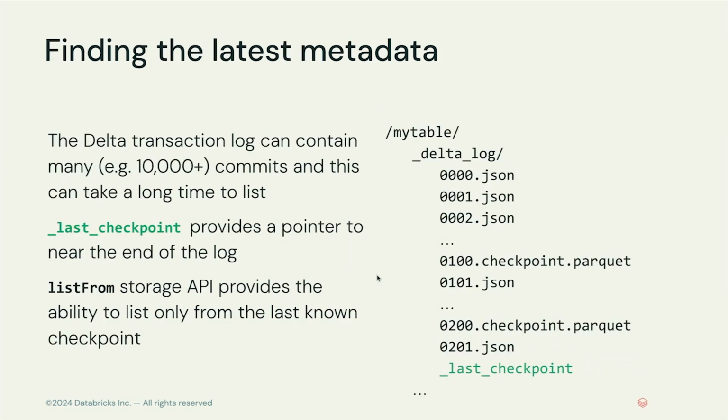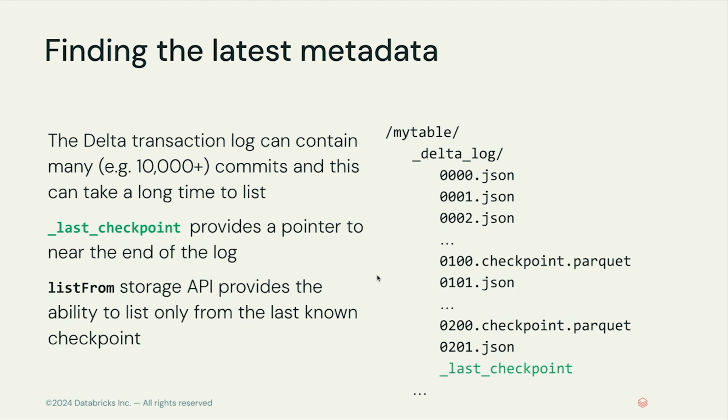I alluded to this, but what happens when you contain many thousands of commits? Periodically, we're going to checkpoint it. And as we do the checkpointing process, we put a little pointer into the Delta log, which is the last checkpoint file. That last checkpoint file tells the reader what's the last known checkpoint file.